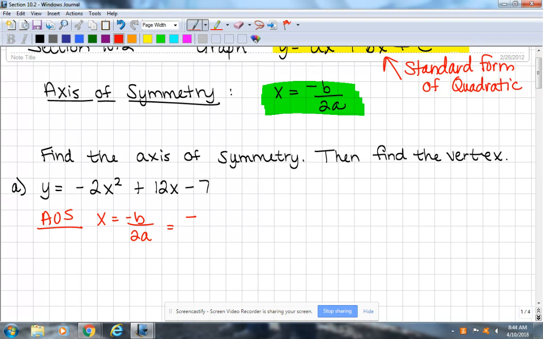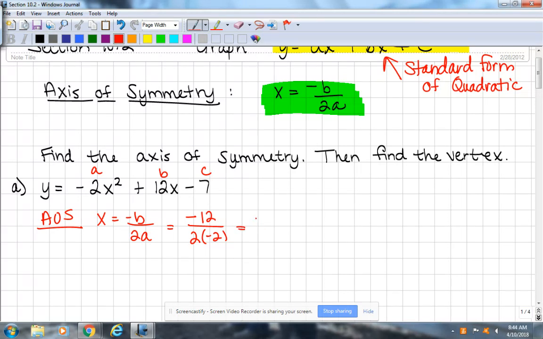What is your b term in that quadratic equation? 12, over 2 times, what's your a term? Negative 2. Y'all get that? This is a, this is b, this is c. You don't need the c. All right, then you're going to simplify this fraction.